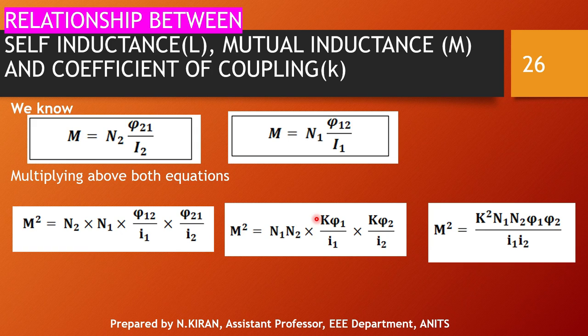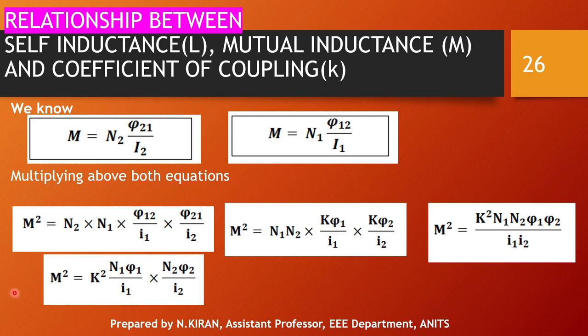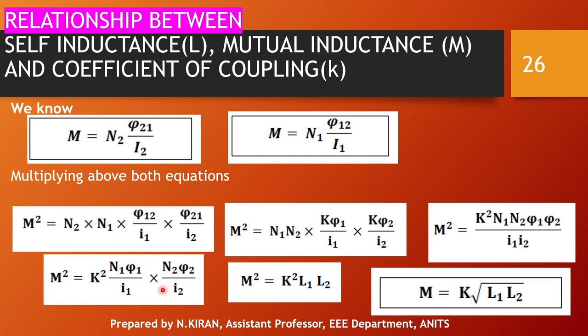I can split this as K square into N1 phi1 by I1 and N2 phi2 by I2. N1 phi1 by I1 is L1, and N2 phi2 by I2 is L2. So M square is equal to K square into L1 L2, thereby M is equal to K into root over L1 L2. This is the relation between mutual inductance, self-inductance and coefficient of coupling.